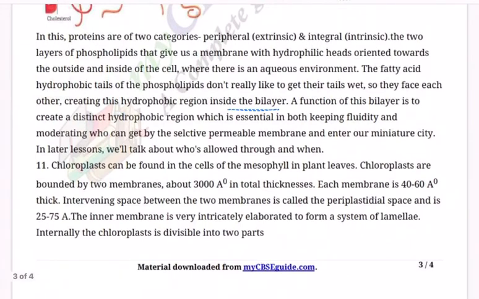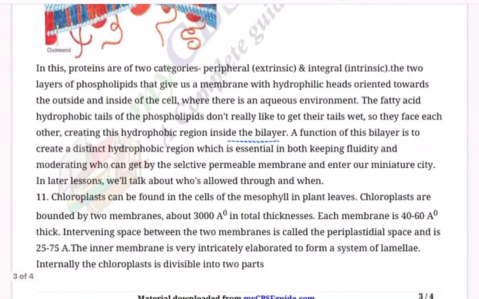Question number 11. Chloroplasts can be found in the cells of the mesophyll in plant leaves. Chloroplasts are bounded by two membranes, double membranous, about 300 angstrom units in total thickness. Each membrane is 40 to 60 angstrom units thick. The intervening space between the two membranes is called the periplastidial space, and it is around 25 to 75 angstrom units.